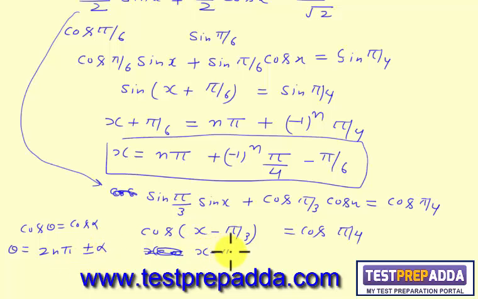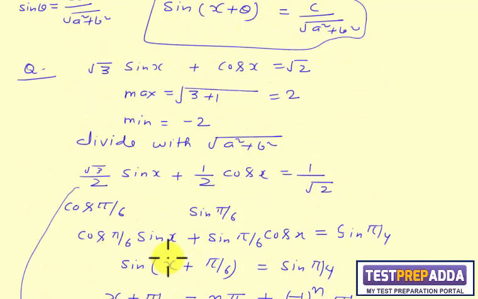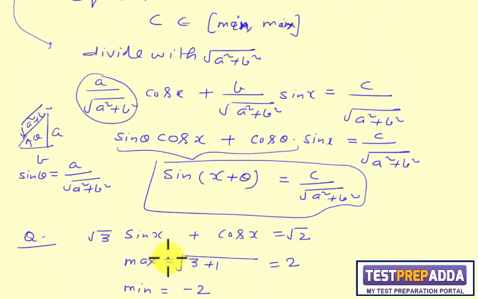So here cos x minus pi by 3 is equal to 2n pi plus minus pi by 4. So x will be 2n pi plus minus pi by 4 plus pi by 3. So in the exam they may give you the solution in this form also. Depending upon the case, you can use the method.